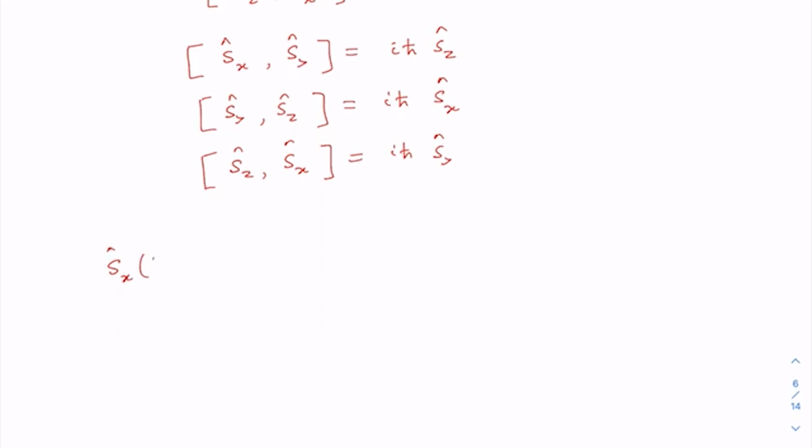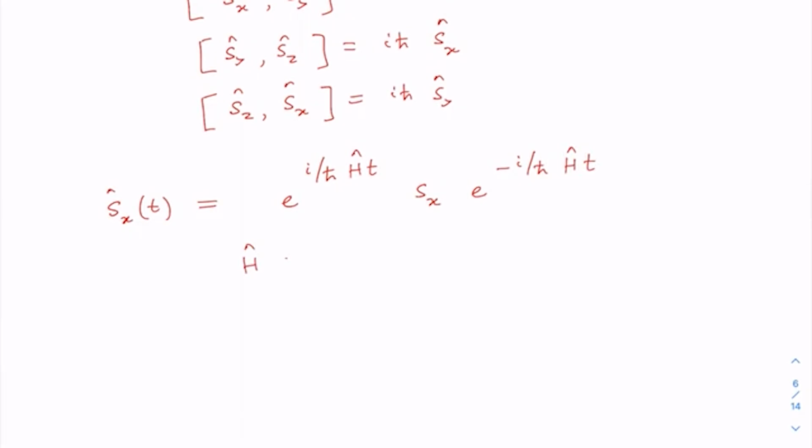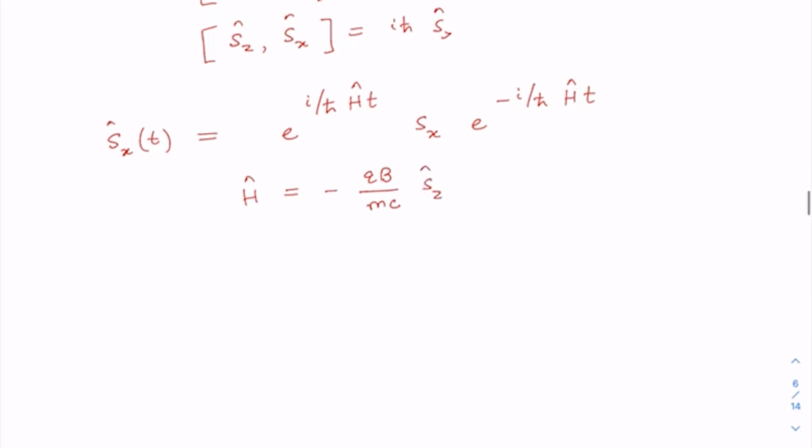of the operator S_x of t. What is asked is basically the Heisenberg representation of the spin component S_x of the vector. Similarly for the other components, so this would be equal to e to the power i by h cross H t, S_x, e to the power minus i by h cross H t. Here this Hamiltonian is given as minus qB by mc S_z.